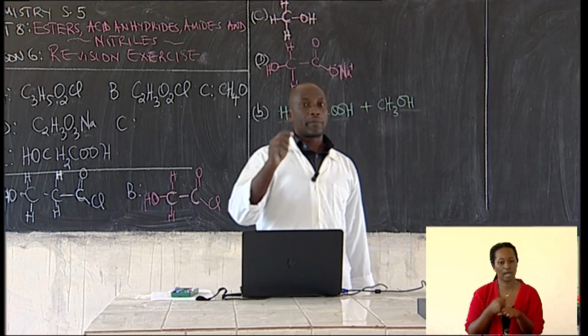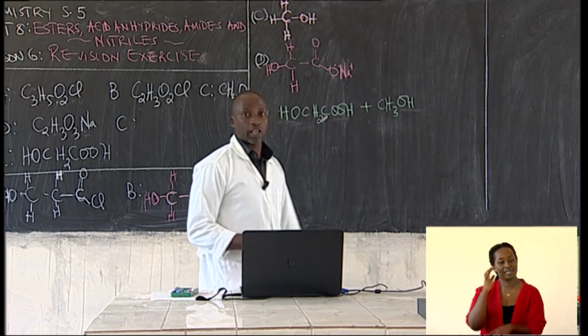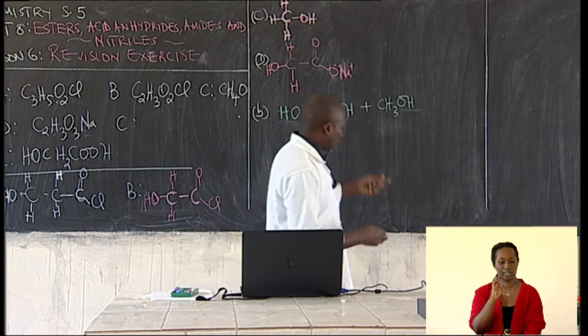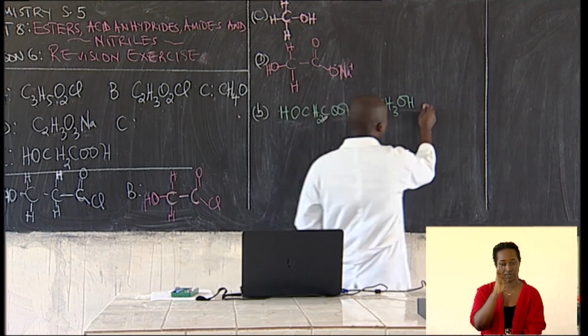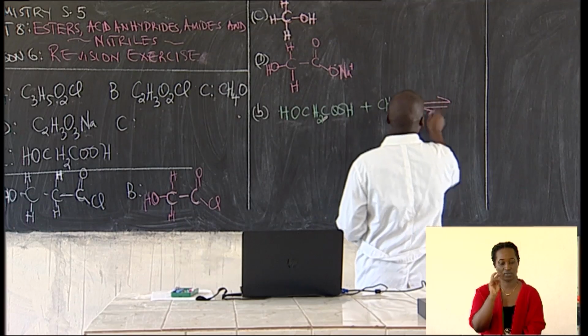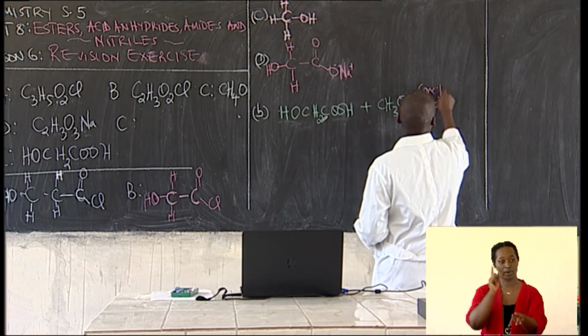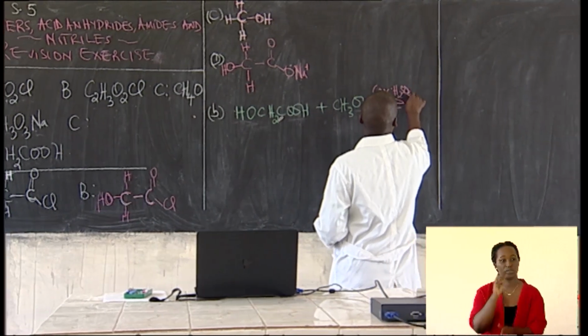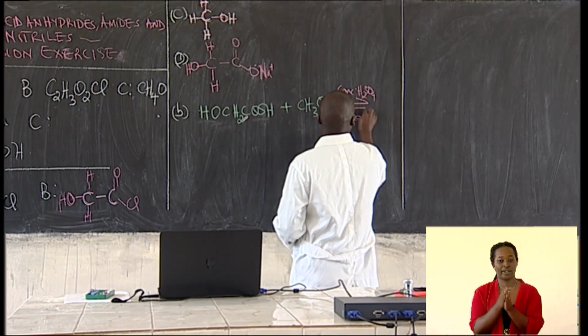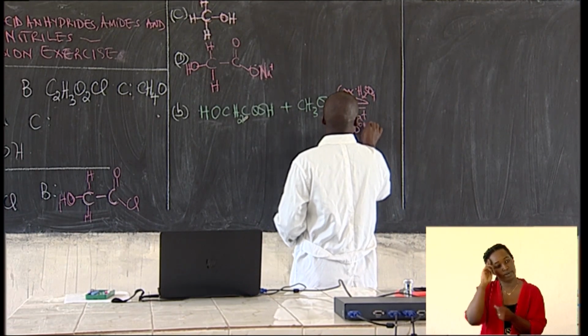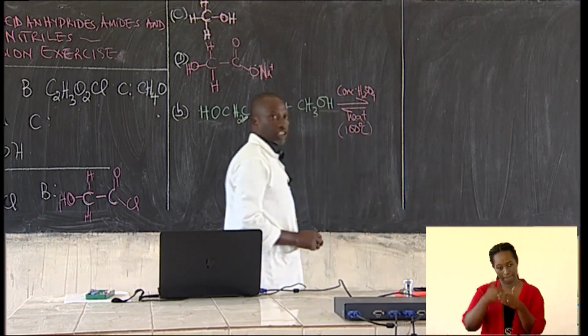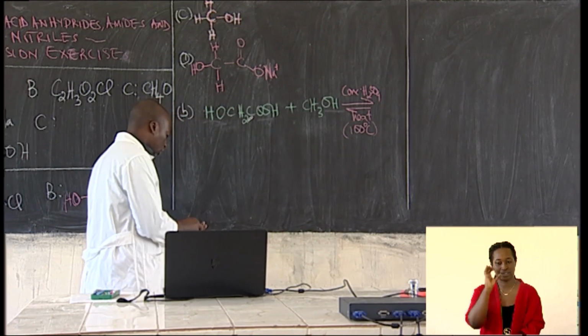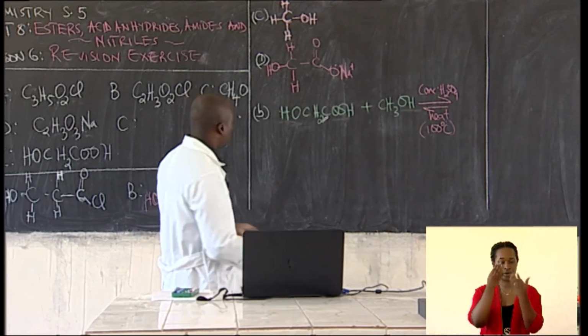I hope you still remember. This is an esterification reaction, and esterification takes place in the presence of concentrated acid and heat. You remember we said about 100 degrees Celsius. And this will produce the ester that we are talking about.